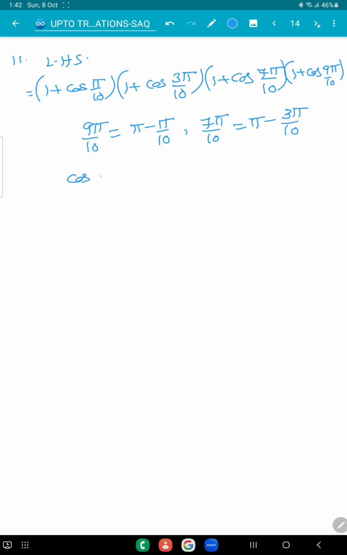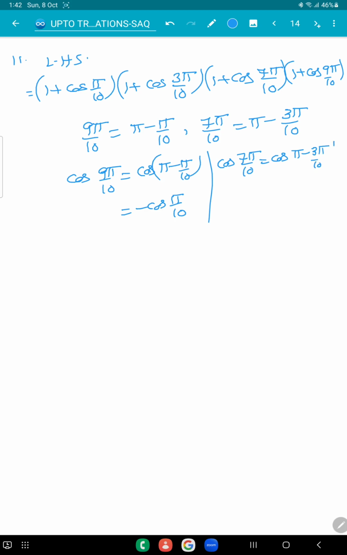Cos 9 pi by 10 is cos of pi minus pi by 10. Cos pi minus theta is minus cos theta, and cos 7 pi by 10 is cos of pi minus 3 pi by 10, which is minus cos 3 pi by 10. So that is equal to 1 plus cos pi by 10.